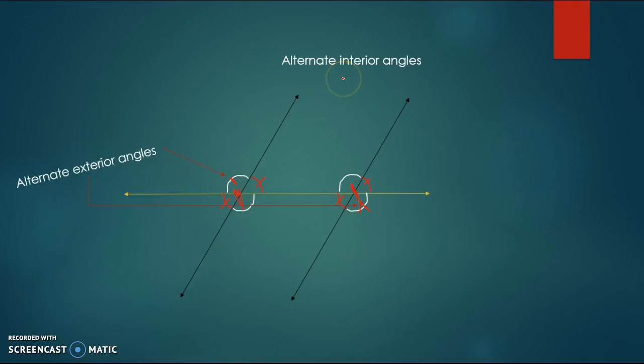Now with alternate interior angles, as we can also tell from the name, interior, that means they are going to be on the interior, on the inside of the parallel lines. So let's find some alternate interior angles. This can be an angle, and this right here can be another angle on the inside.